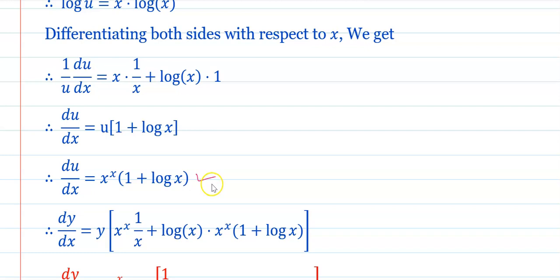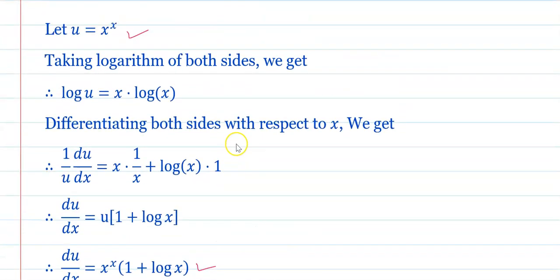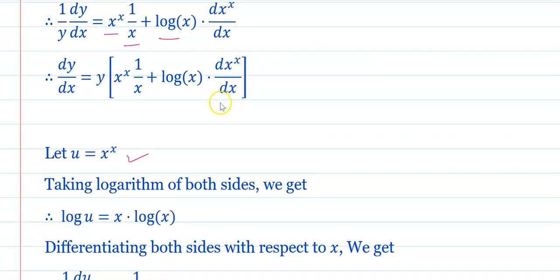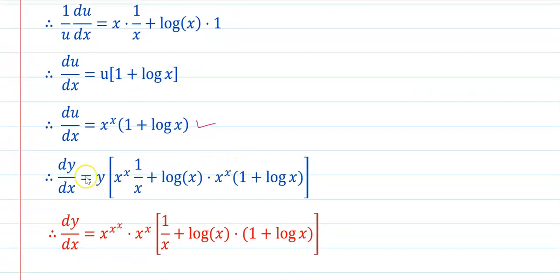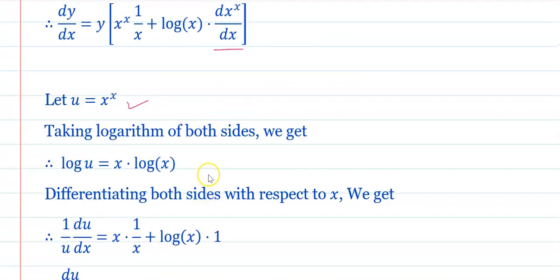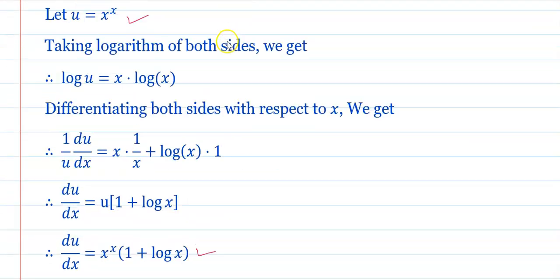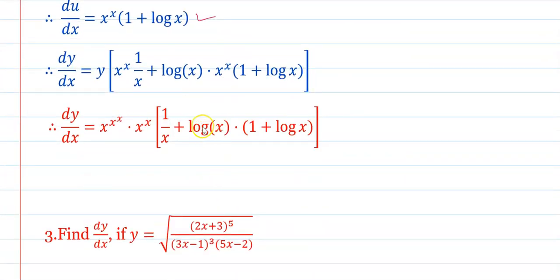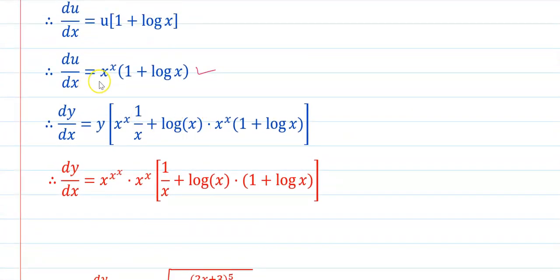Now substitute the value of this du by dx in this expression. इथे आपण ती value substitute करणार. Then what you will get? That is dy by dx is equal to y into, in bracket, x raised to x into 1 upon x plus log of x into the derivative d/dx of x raised to x. Okay. मग तो x raised to x चा डेरिव्हेटिव्ह किती आला तर x raised to x into in bracket 1 plus log x, या प्रकारे.